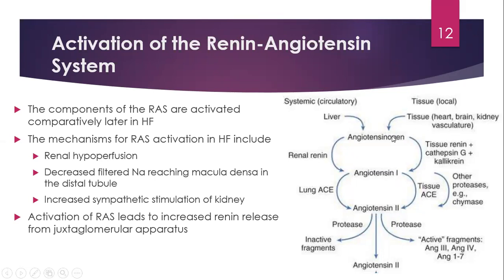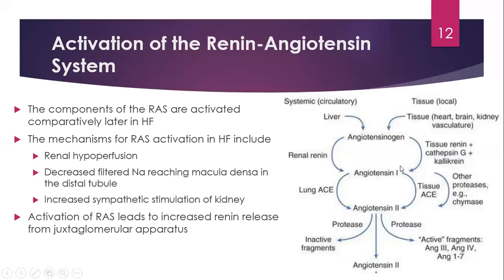Okay, so the angiotensinogen is converted to angiotensin 1 by renin. In the circulation, it is mainly converted by renin produced in the kidney. Okay, and the ones that are secreted in the tissue are mainly converted to angiotensin 1 by tissue renin.